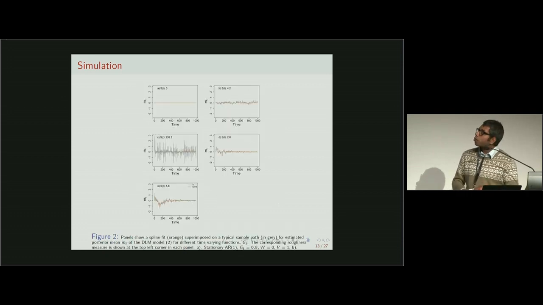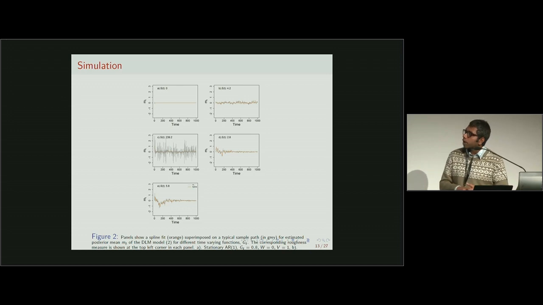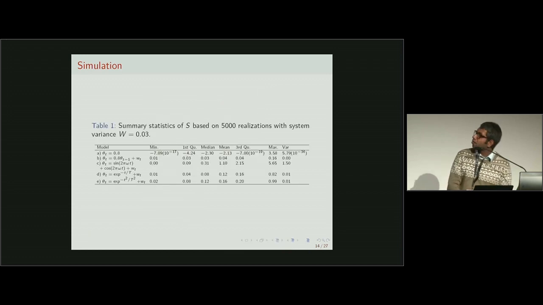We have done some more parametric simulation where we play with different functional forms for GT, and these are the functional forms. I think it's still readable. So the first model is a stationary AR1 model, and then we bring in different functional forms for GT for a finite value of W, that is the system variance, and for each such model we compute the corresponding non-stationarity measure.